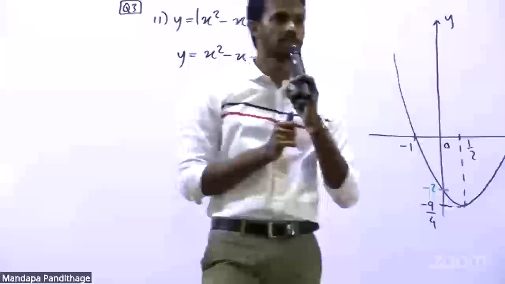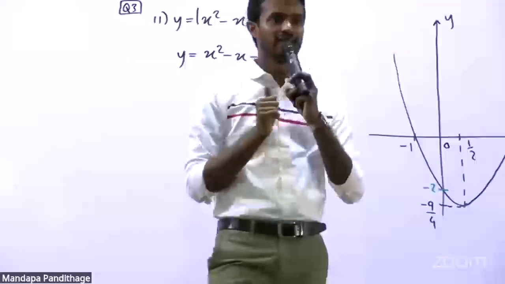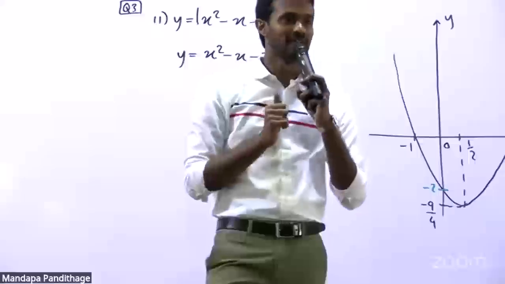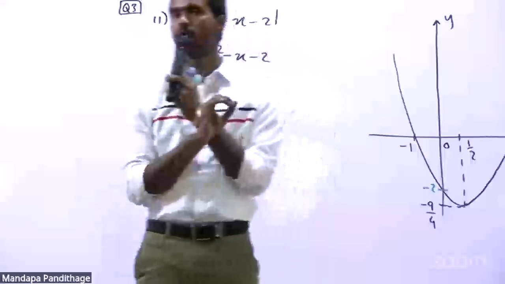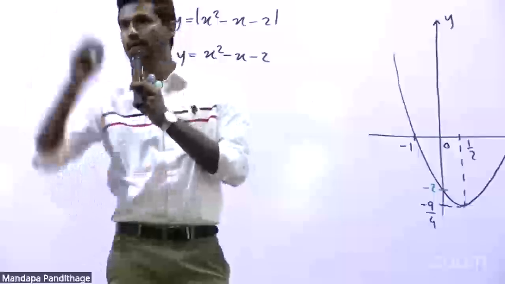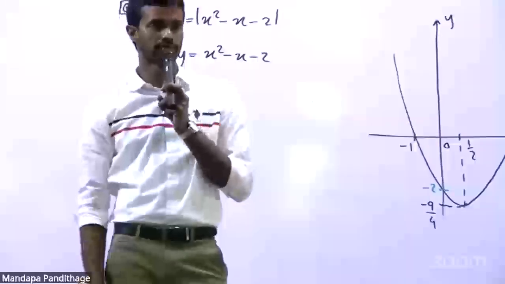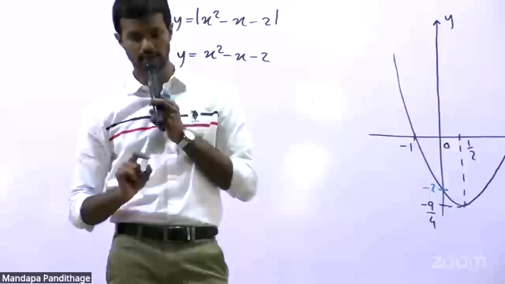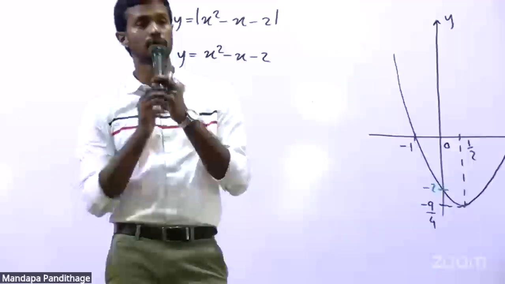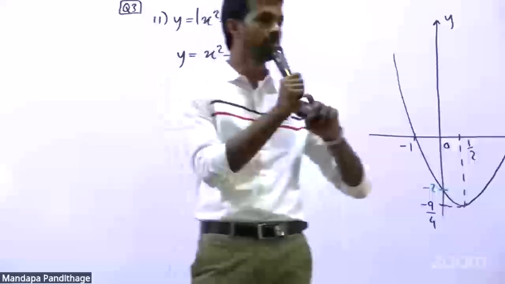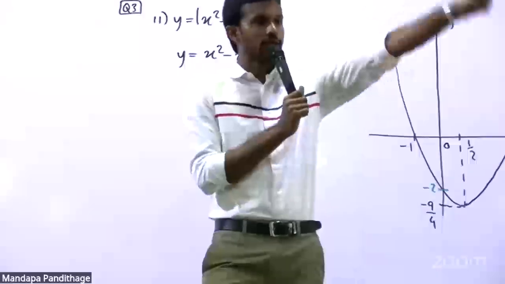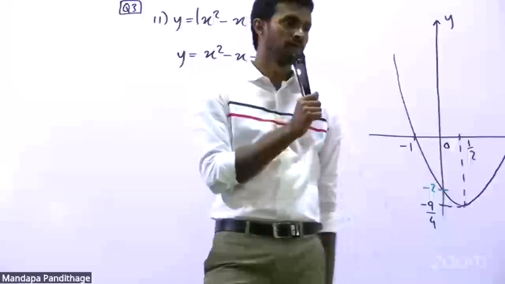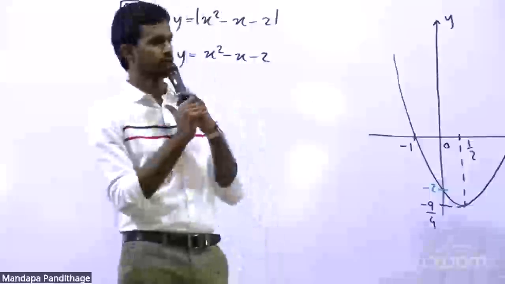If the value inside the modulus is positive, the modulus won't do anything, it will directly put the value out. But if the value inside the modulus is negative, the modulus will convert it into a positive and give it out. Clear?